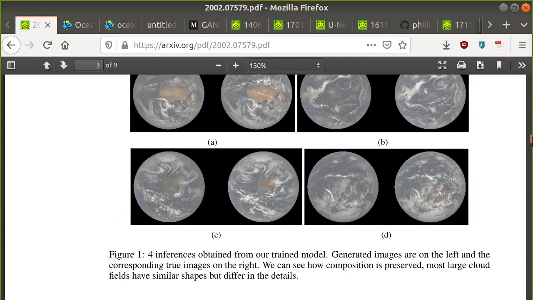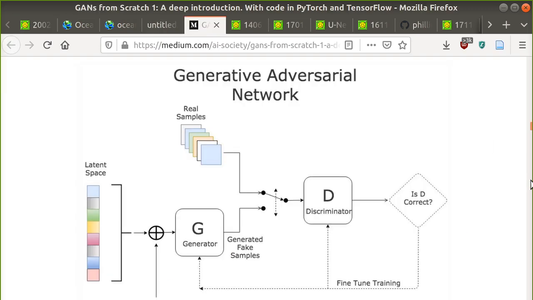So one way to do this is with the GAN framework. This is a diagram showing the overall structure of the two networks, not one, but two neural networks that are used in a generative adversarial network approach. The two networks are called the generator and the discriminator. The generator is what they're using to make these fake cloud images consistent with the meteorological values, and it's trained using the real images.